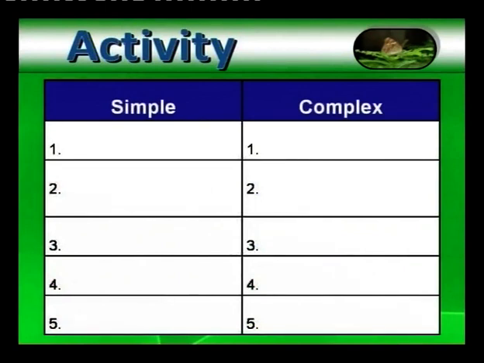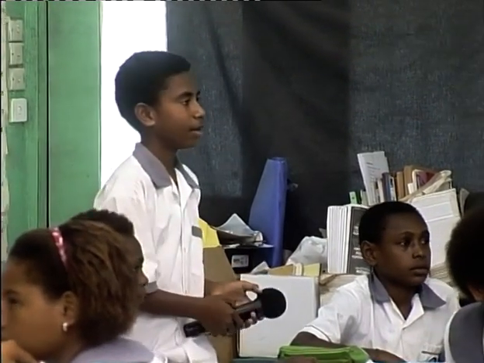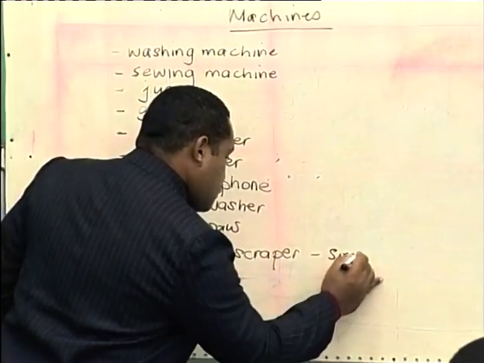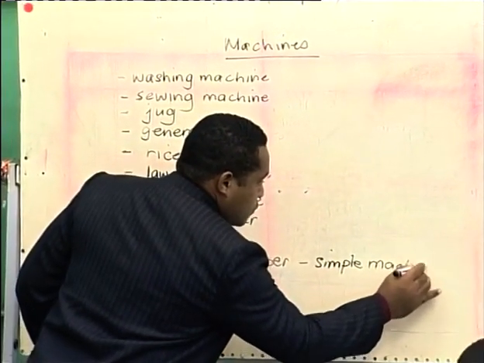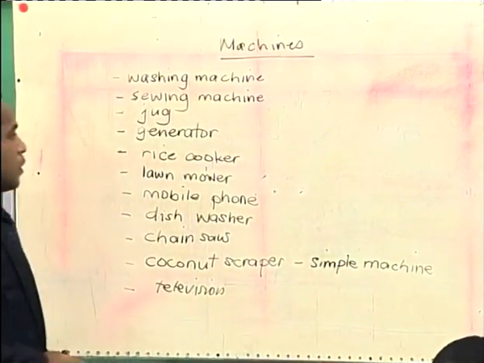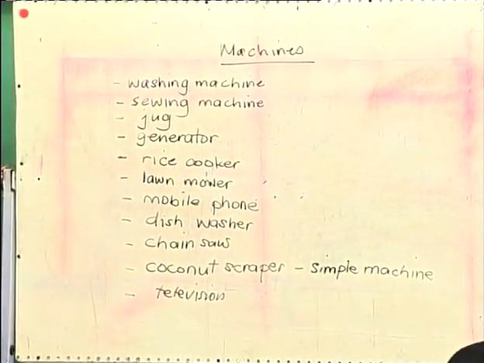So let's do one as an example together. From the list that we have, which machine will come under simple? Coconut scraper, okay. How about complex?